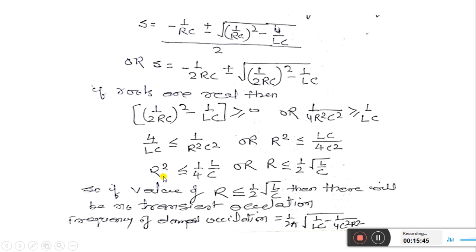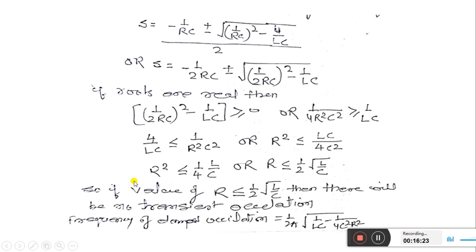Or we can write R square should be less than or equal to 1 by 4 L by C. Or further it can be simplified, so the value of R can be written as R less than or equal to half root of L by C. This is the value which is required to reduce the restriking voltage or the rate of rise of restriking voltage.